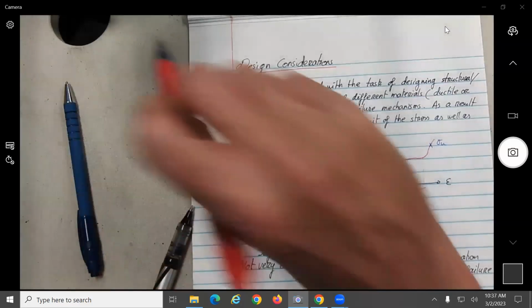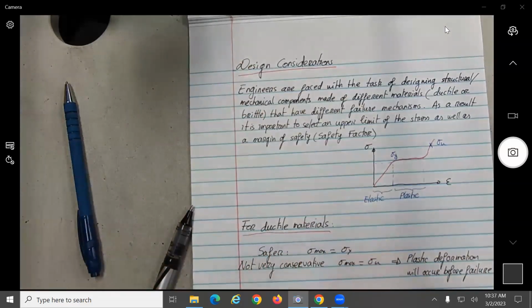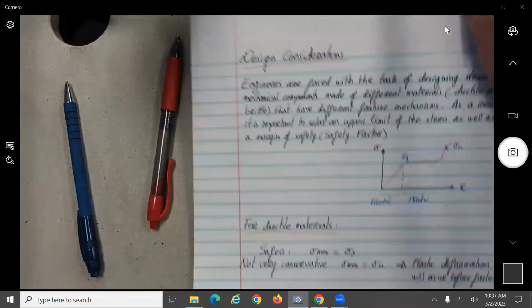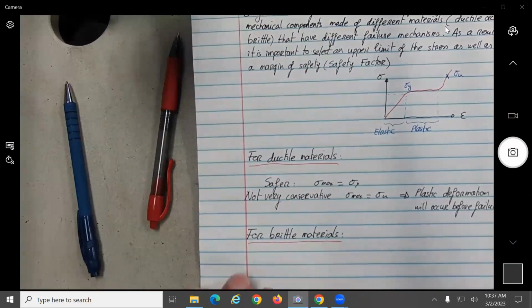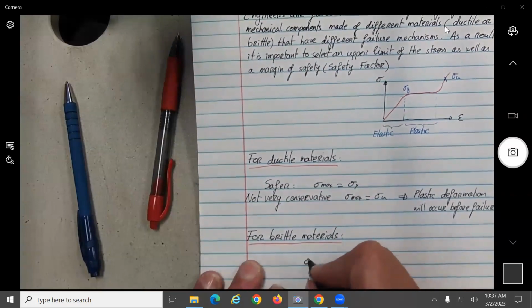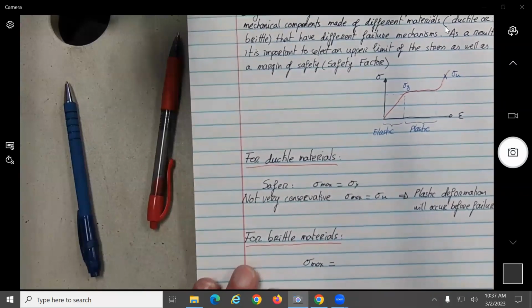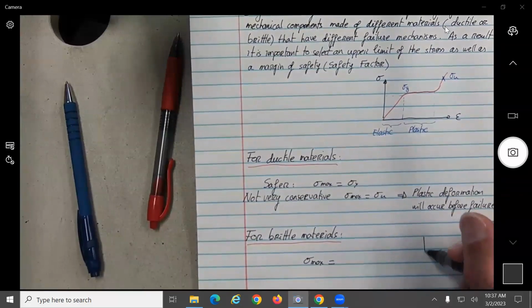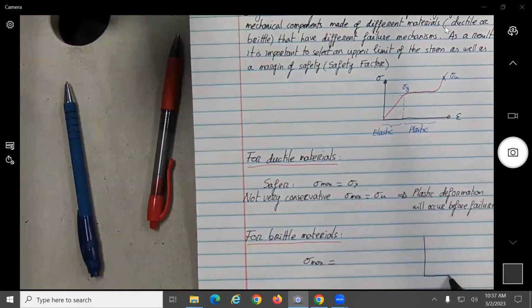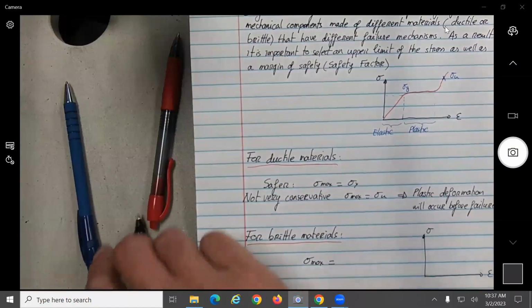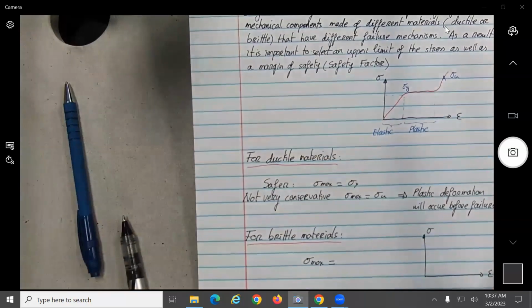For brittle materials. Okay, so for brittle materials, in this case, we don't have much of a choice, but what would be our maximum? Give me an example of brittle materials. Ceramic, perfect.